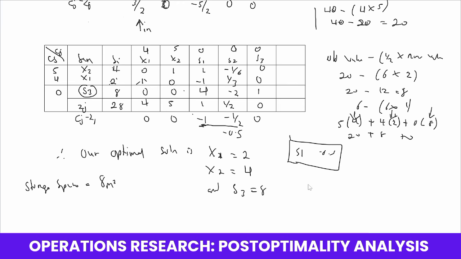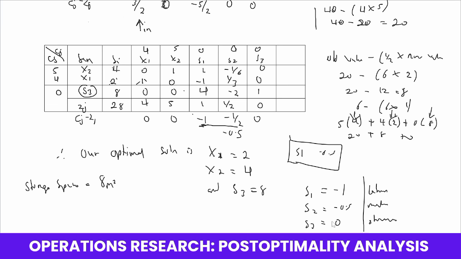So the marginal value for S1 is 1, and that of S2 is 0.5, and then that of S3 is 0. That's the price one is willing to pay to maximize profit. Yes, this is for labor, material, and then storage space. So you could see that the marginal value for S3, or for storage space, is 0.